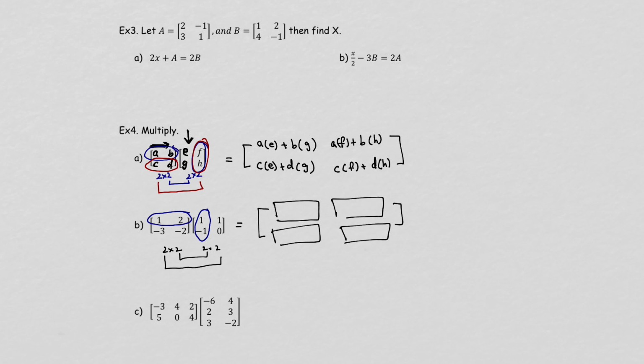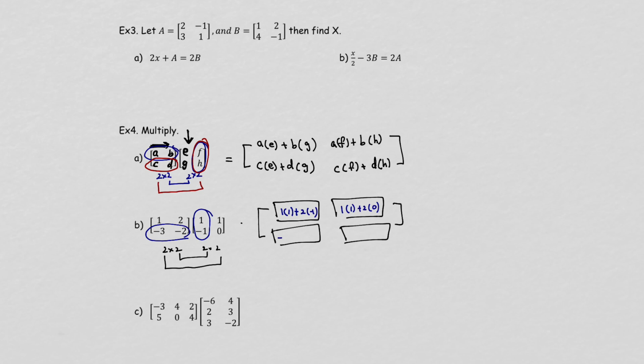I'm going to erase so I don't get confused later, or you don't get confused. So that multiplication is going to be 1 times 1 plus 2 times negative 1, right? And if you wanted to get first row, second column, that's the multiplication you're going to do. So it will be 1 times 1 plus 2 times 0. Now we wanted to get second row, first column.